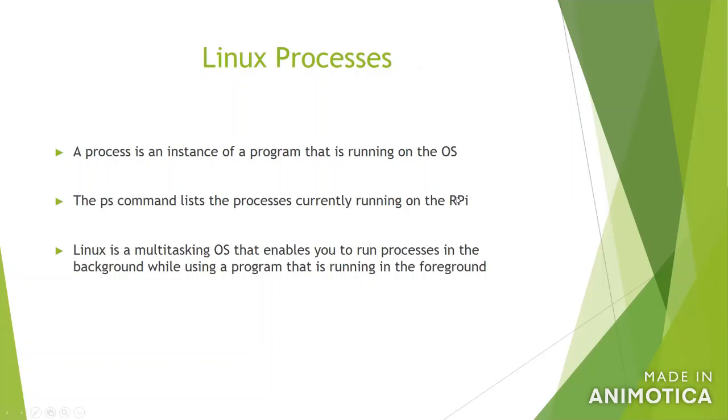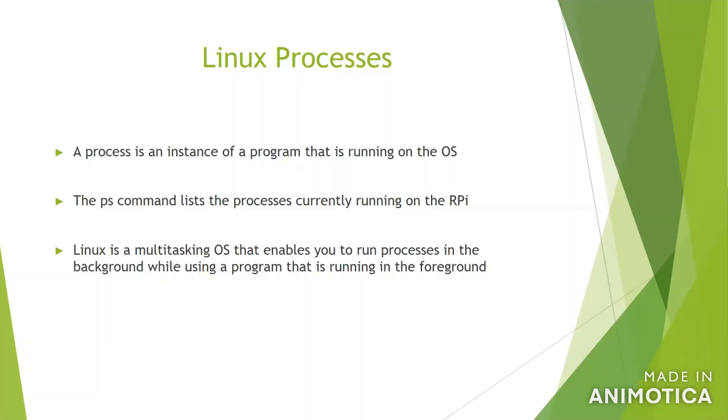And in Linux system, actually, we do have a Linux process. That means one process in the Linux system means an instance of a program. Okay, so Linux system actually is a multi-process or multi-task system, which means in Linux system you can execute multiple programs, execute multiple instances of programs.